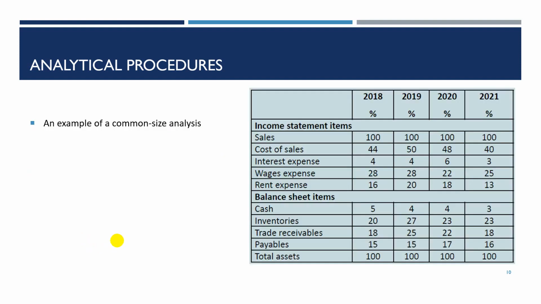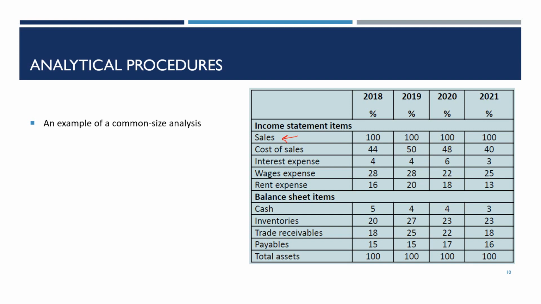So now this figure provides an example of a common size analysis. The line item used in the income statement is sales. This figure shows that cost of sales grew in 2019 compared to 2018 and then reduced as a proportion of sales in 2020.